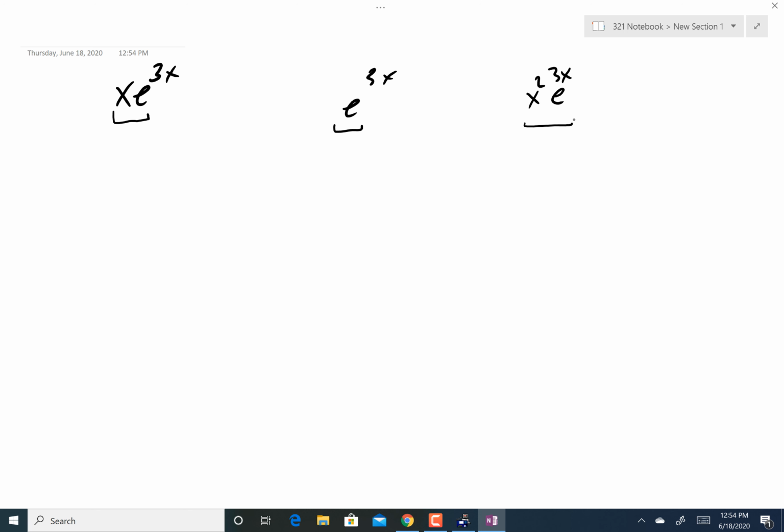But if you didn't know that, you need to use the determinant. So I'm going to use this as my top row. I'll do the easy one first. The derivative of this guy is going to be e to the 3x plus 3x e to the 3x.